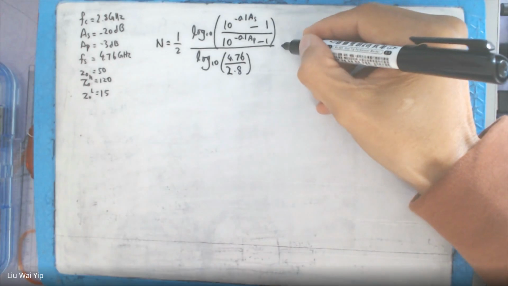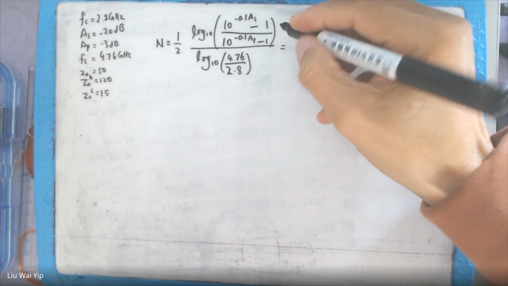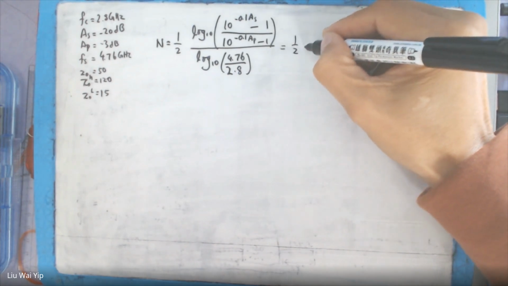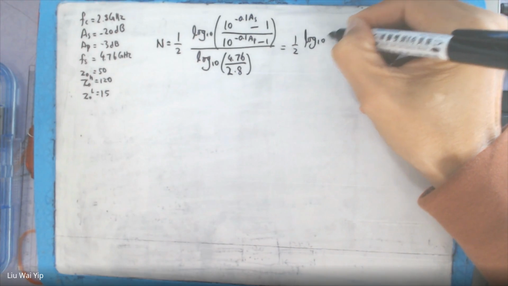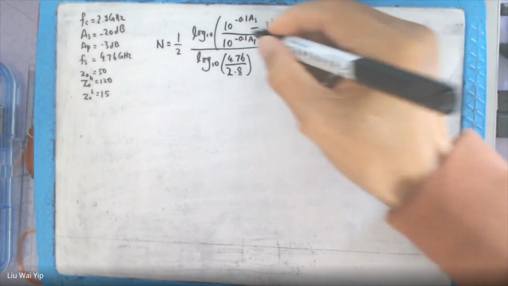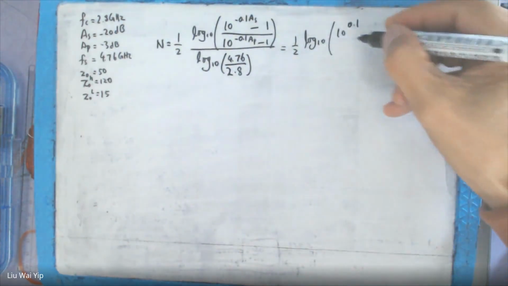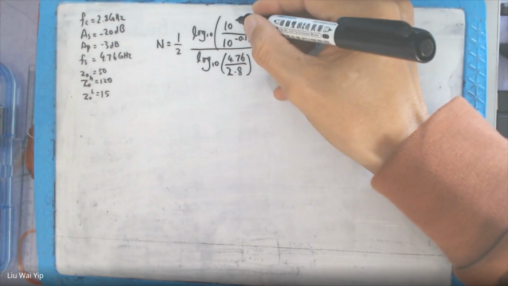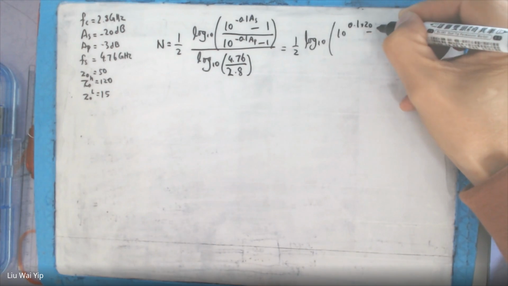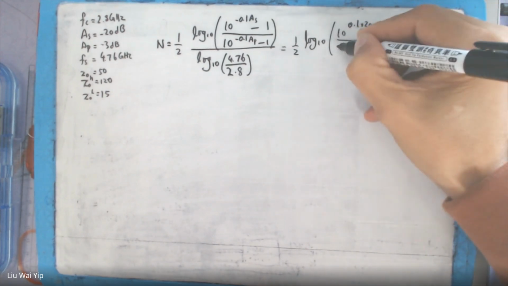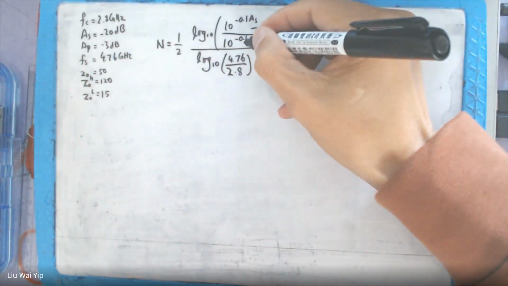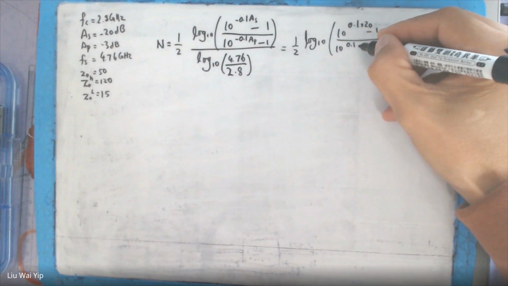So you need to substitute the values. In this case, 10 to the power 0.1 times AS, and AS is minus 20. So minus minus becomes positive. Then 0.1 times minus 3, and minus times minus becomes positive 3.